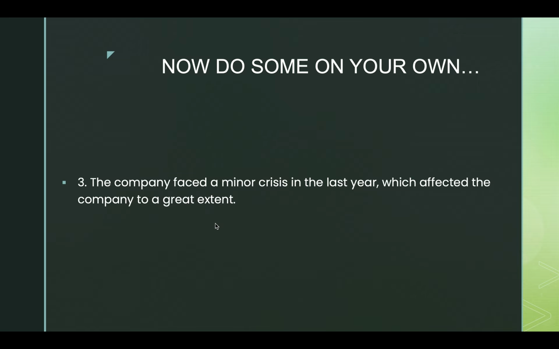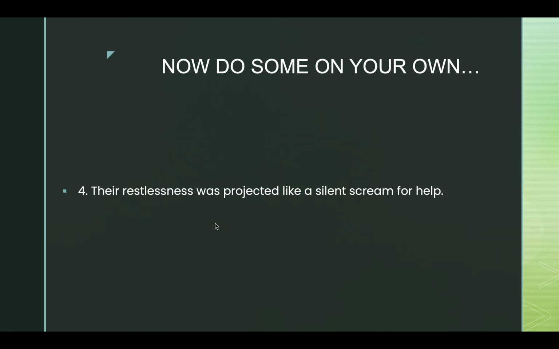The company faced a minor crisis in the last year, which affected the company to a great extent. Did you guess minor crisis? A crisis is something major, not minor, but there you have your oxymoron. Their restlessness was projected like a silent scream for help.